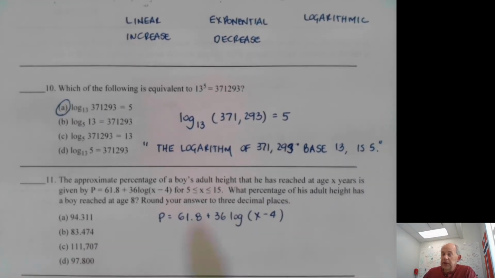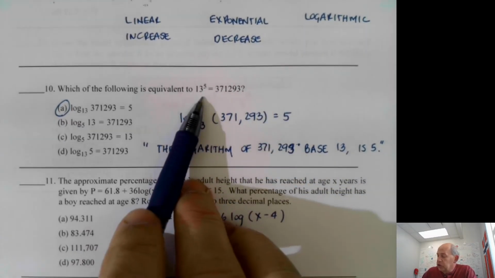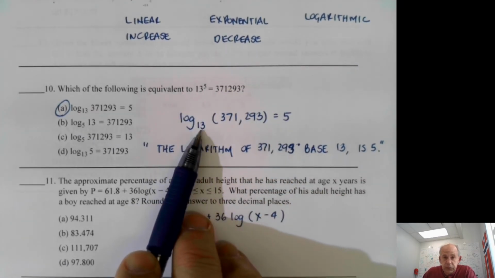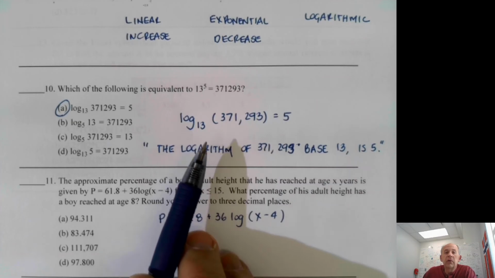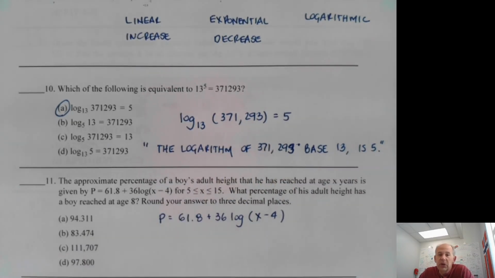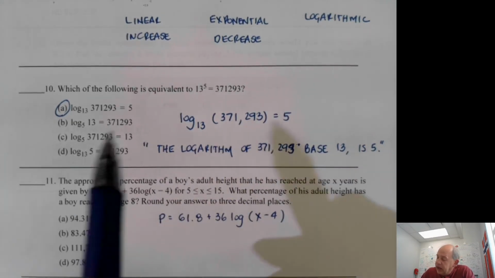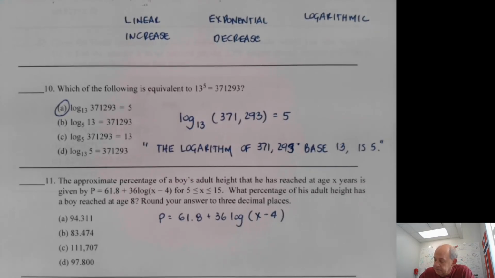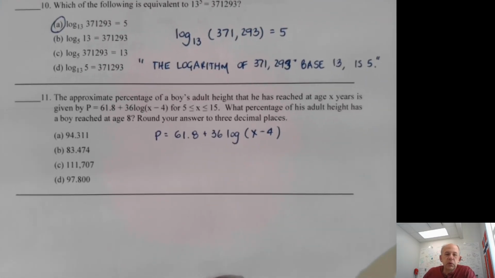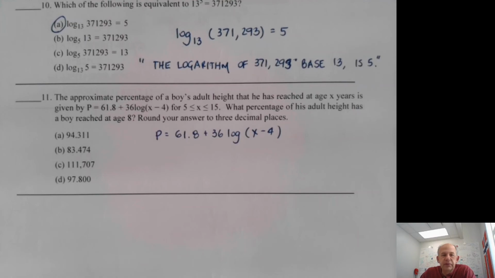So we have 3 different ways we can write the same expression. This is probably what you learned in 6th grade. Here's what you learned when you went over logarithms, and here's the English expression that would read this out from the logarithmic equivalent. So last one for chapter 1, let's take a look at number 11.